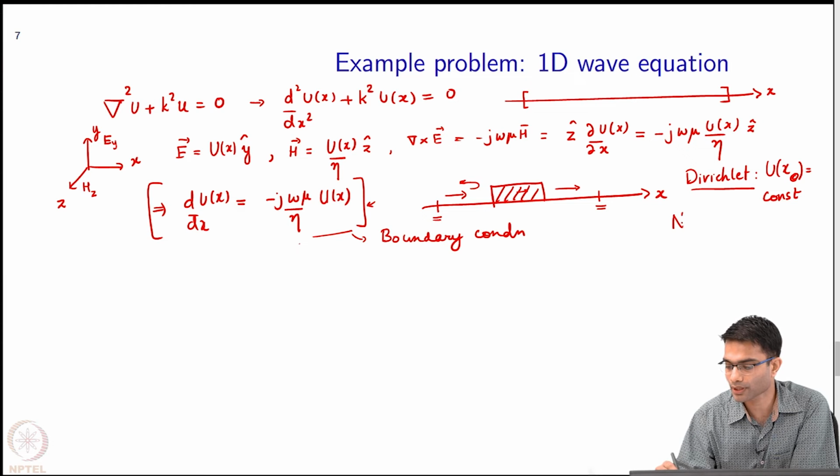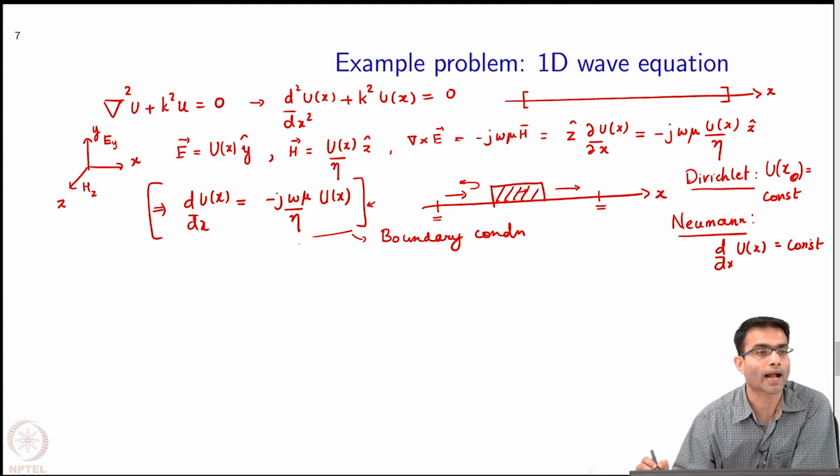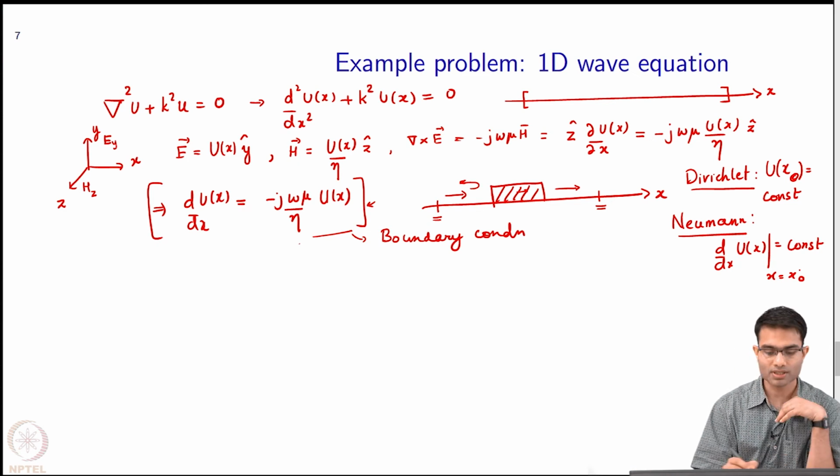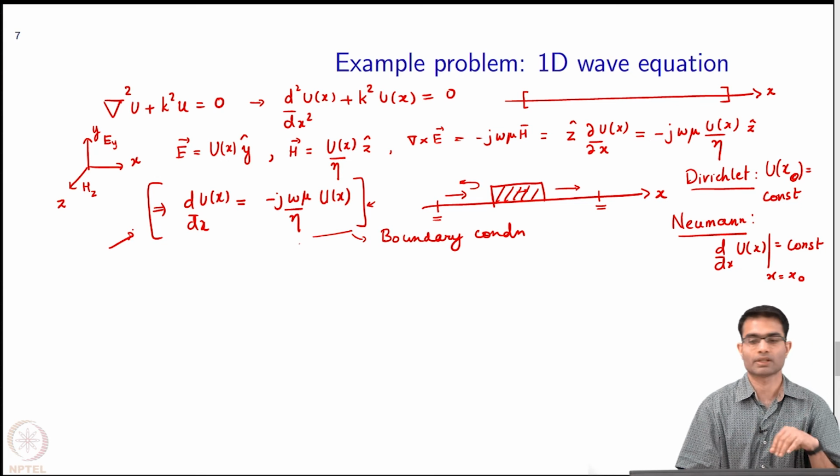What is the other boundary condition? Neumann. What is that? The derivative is constant at the endpoints. So what does this boundary condition look like? Is it Dirichlet? Is it Neumann?